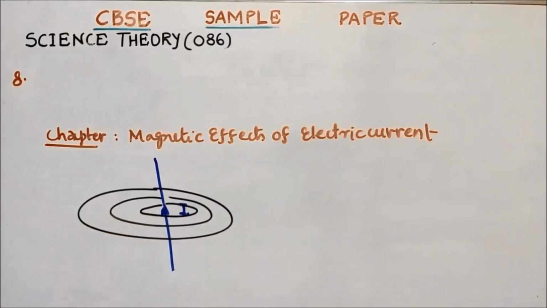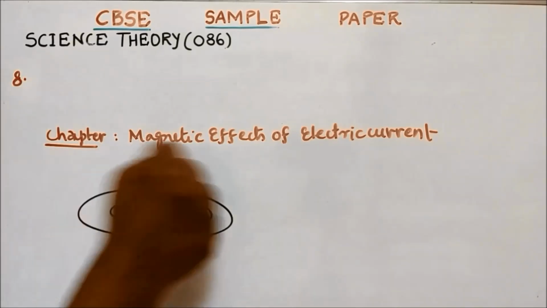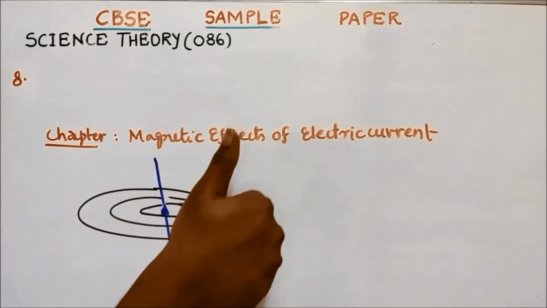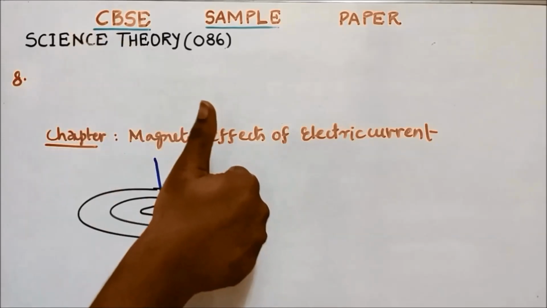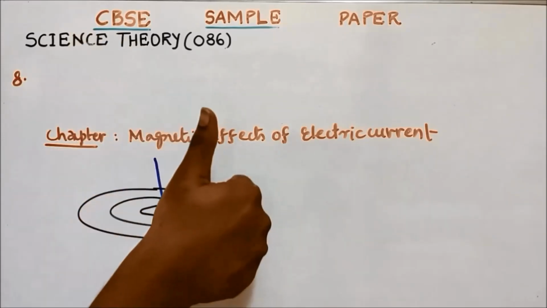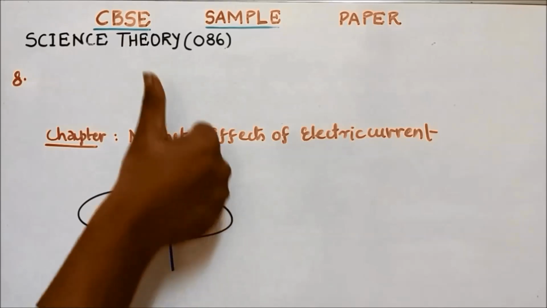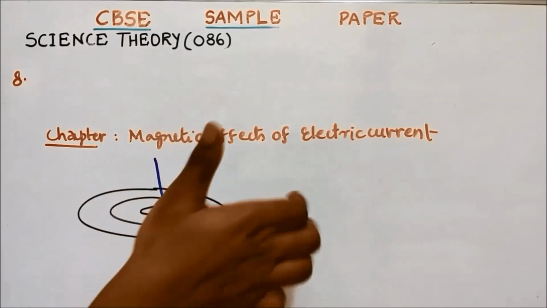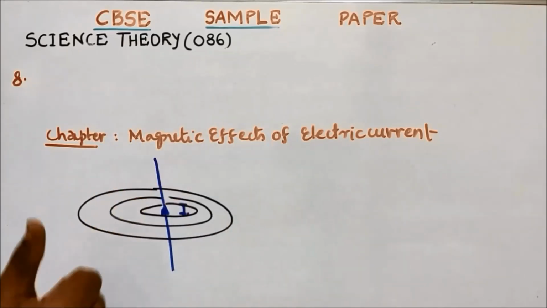And what is the direction of magnetic field lines? The direction of magnetic field lines, you can answer it by using Maxwell's right hand thumb rule. So what you have to do, take your right hand, in this way, such that the thumb indicates the direction of current, then the curled fingers will indicate the direction of magnetic field lines.